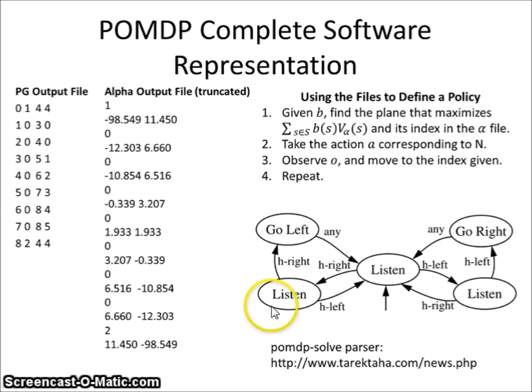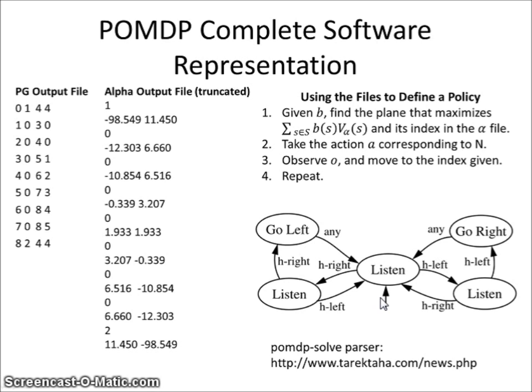We're always going to start with a 50-50 belief vector because we have no idea where the tiger is. It's either left or right. So we start here, and with a 50-50 probability, the optimal action is always to listen. And then we're either, of course, going to hear it on the left or hear it on the right.